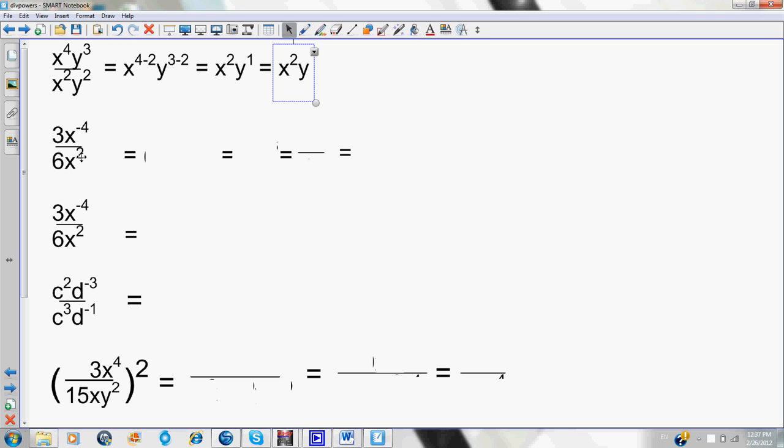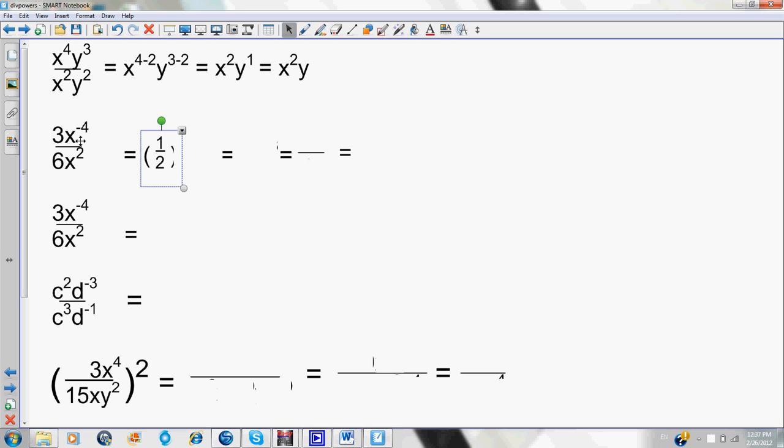Okay, this one. We've got 3x to the negative 4 over 6x squared. And if you recall when we did multiplication of powers with the same base, when there were coefficients involved, we worked coefficient with coefficient and powers with powers. So we've got 3 over 6. 3 over 6 is 1/2.